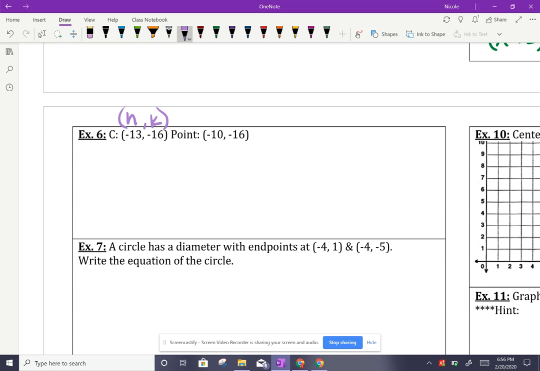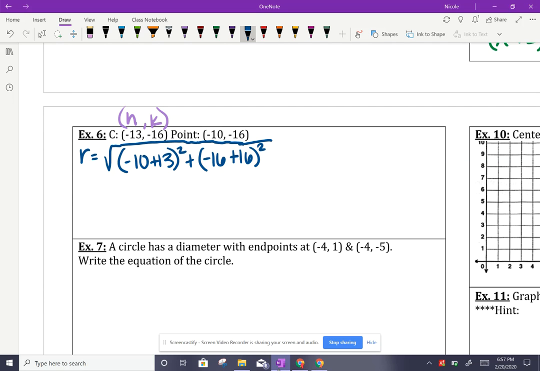So use the distance formula. So I'm going to take my 2 points. So x2 minus a negative 13 squared plus y2 negative 16 minus a negative 15 squared.